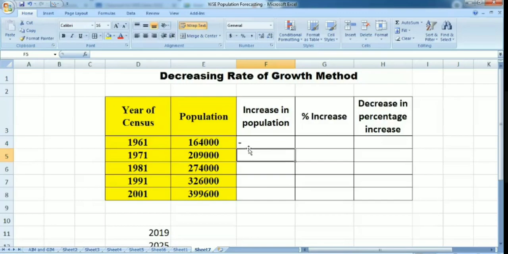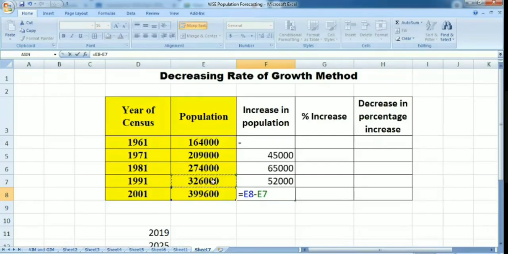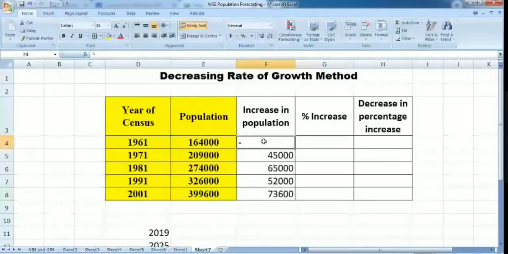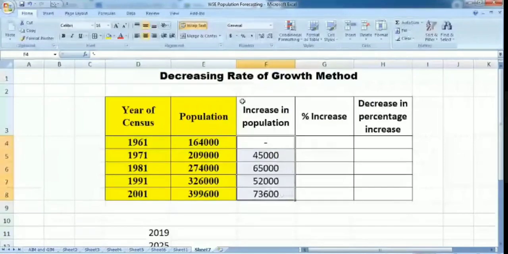That means 2,09,000 is the population minus this one, I'll get it as 45,000. 2,74,000 minus 2,09,000, I'll get 65,000. 3,26,000 minus this, it will be 52,000, and 3,99,000 minus 3,26,000, I'll be getting this. I'll make it bold so that it will be visible to everyone.